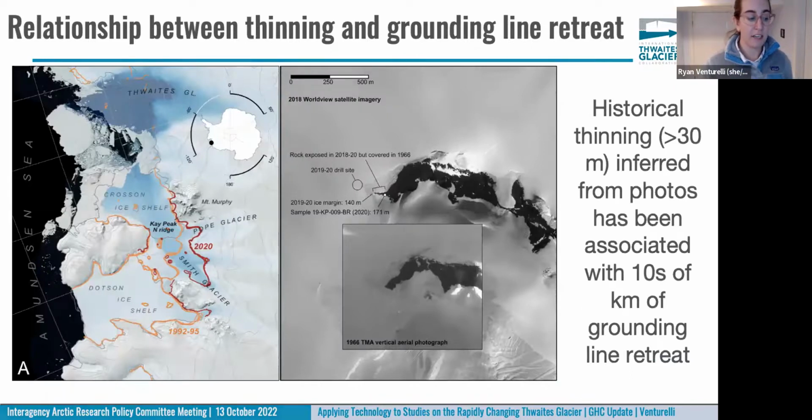And we're able to connect the thinning of about 30 to 35 meters with grounding line retreat of about tens of kilometers in this area, because we have an observational record of ice thinning and grounding line retreat. So in these two images shown here on the right, I have an aerial photograph from 1966 and a WorldView image from 2018, which shows thinning of about 30 meters over this area associated with the grounding line retreat that we observe in our modern record.